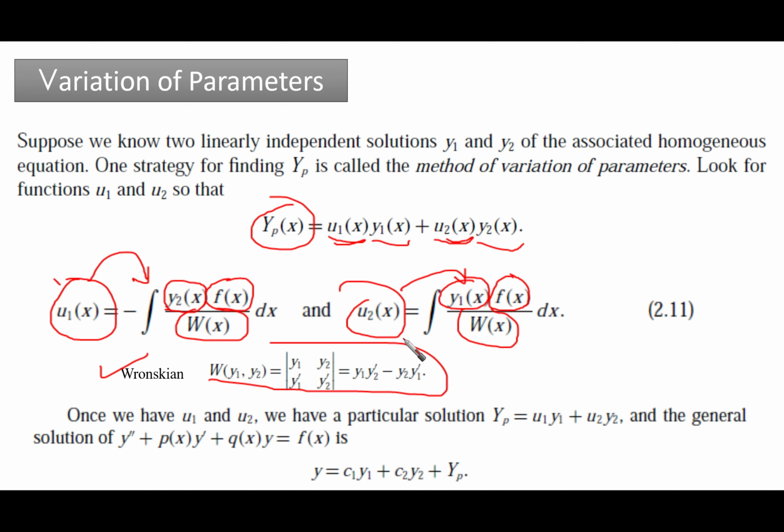Using u1 and u2, we can obtain y particular easily, and then we can end up with the general solution of our non-homogeneous equation, which is going to be c1 y1 plus c2 y2 plus y particular.